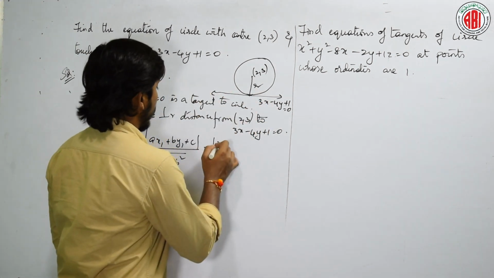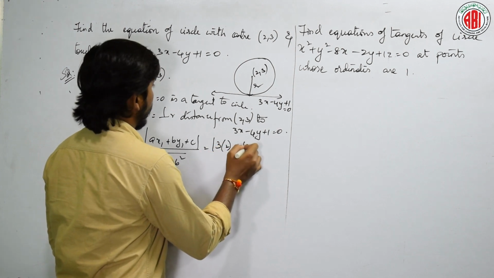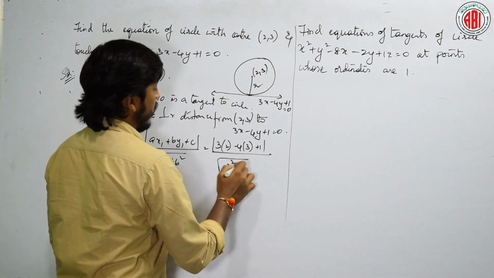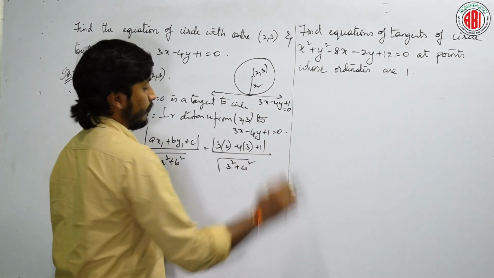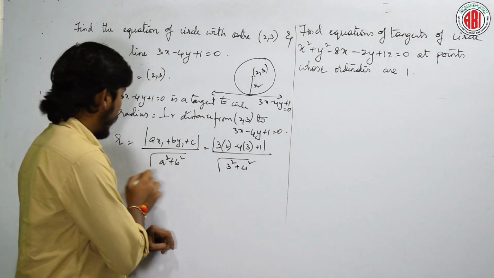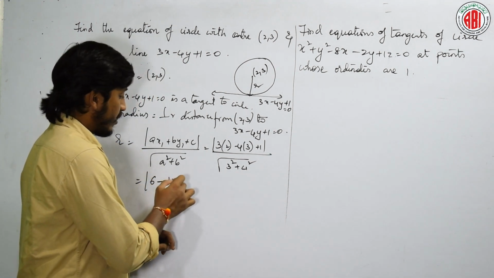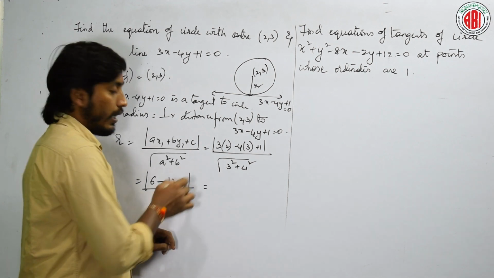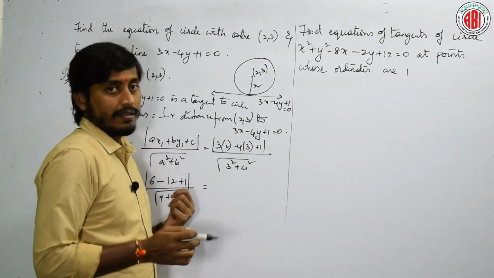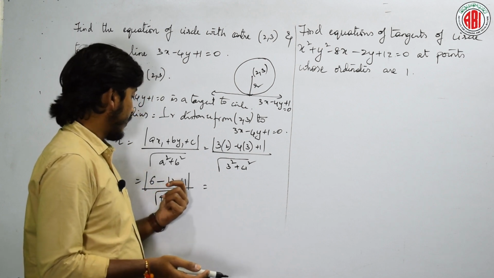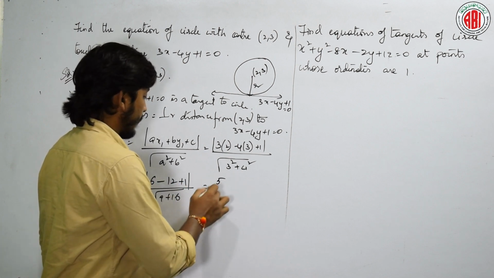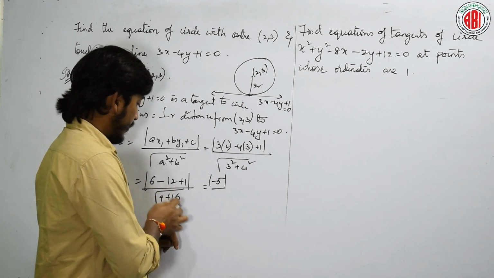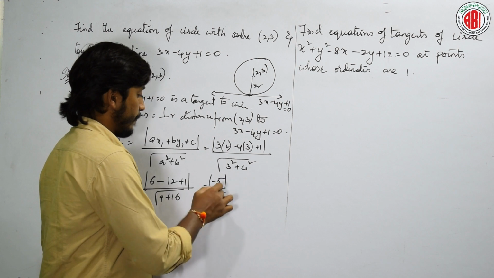So it will be 3 into 2 minus 4 into 3 plus 1 by under root x coefficient square plus y coefficient square. So it will be 3 twos are 6 minus 12 plus 1 divided by under root 9 plus 16. 6 minus 12 is minus 6, plus 1 is minus 5, divided by, here 9 plus 16 is 25, root 25 is 5.